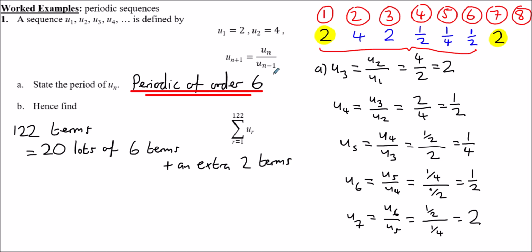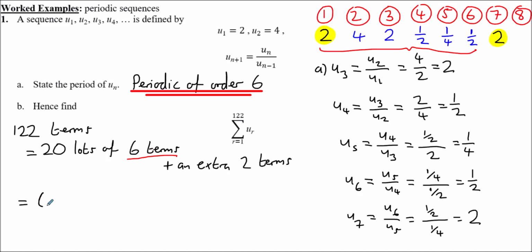So the 20 lots of the 6 terms, it's going to be 20 lots of these here. Those 6 numbers again, 20 times. So after doing about 20 times, that'll be the 120th term. The 121st is 2, the 122nd, the final term, will be 4.